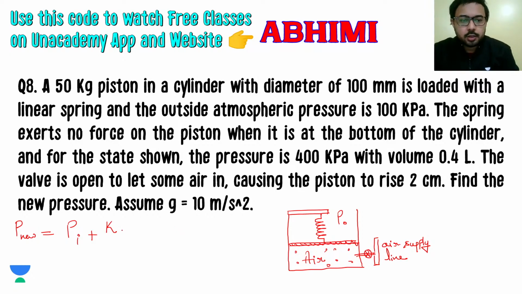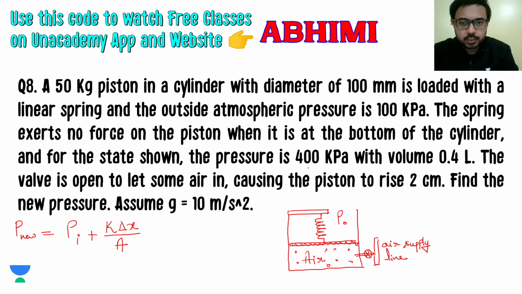Due to that compression, this new spring force will be generated, that is K delta X, and if we divide it by area, then we can get this pressure which is increased when this piston is moving or rising 2 centimeter.